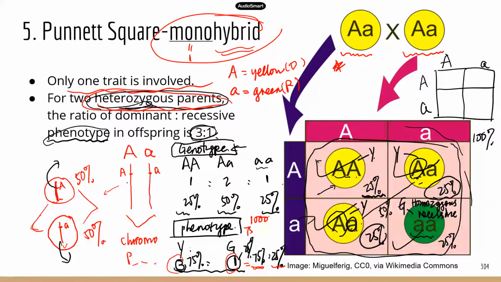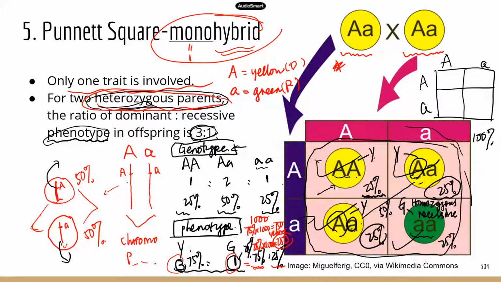So 75% of 1,000 is going to be 750. 750 of the 1,000 plants are going to have yellow seeds, and 25% times 1,000 is going to be 250. Basically, the remaining 250 plants will have green seeds.